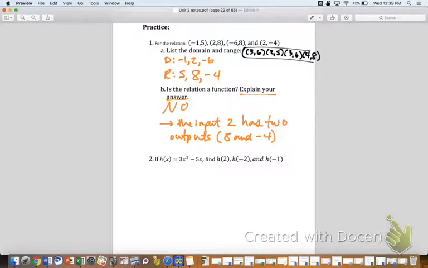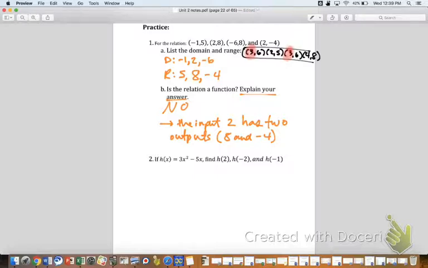You could say, hey, the 3 is repeated, but look, the outputs are the same. So the 3 maps to a 6 regardless. So that's not enough evidence. You've got to say that the 2 has 2 different outputs. That's a really good question. Anything else?